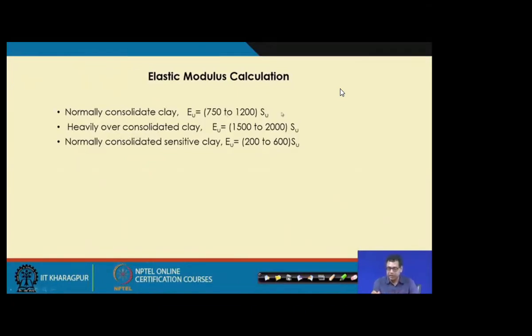Here Su is nothing but Cu, the undrained cohesion. If you know the undrained cohesion, then we will get the E value from this range. Generally, if you know the Cu value and nothing else is mentioned, you take the average value of this range and then use it for the elastic modulus calculation for the clay.